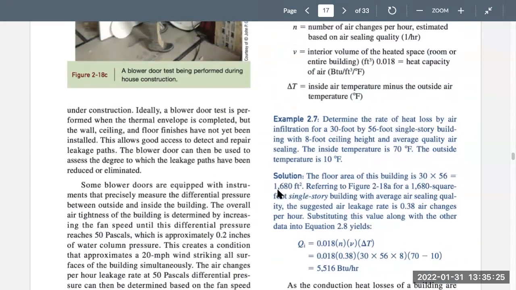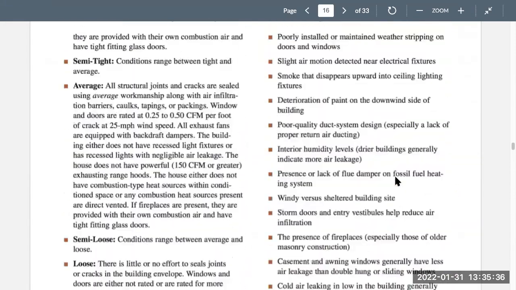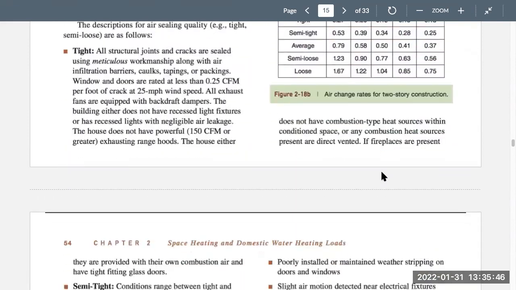And our floor area is going to be 30 times 56, so we've got 1,600 square foot house, basically. So we slide all the way back up here, and we're looking at our single story building of an average number right around here. That's where they're getting their air infiltration number.